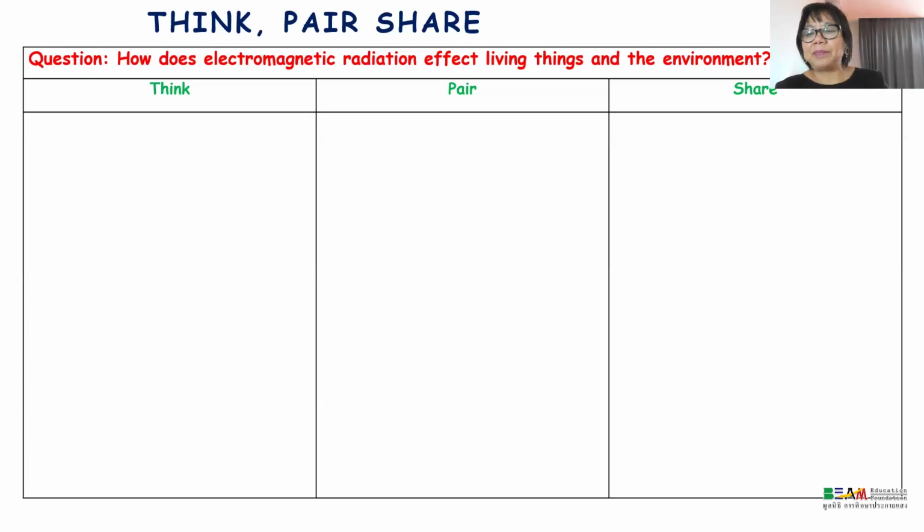Before I send you to the breakout room, I said I'm going to ask your answer. Heather, what's your answer for think, the first column? What do you think about the question? How does electromagnetic radiation affect living things and the environment? Electromagnetic radiation can really help our living life, like the radio waves, because they help us communicate with each other, and also visible light.